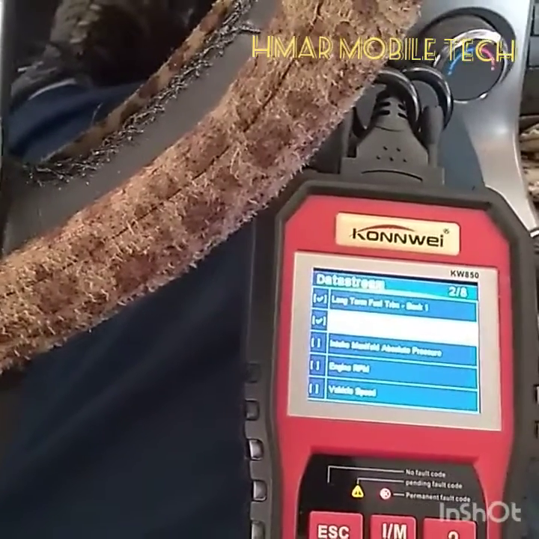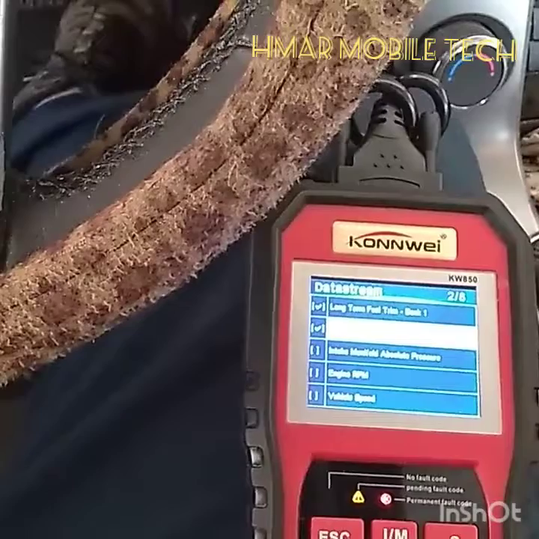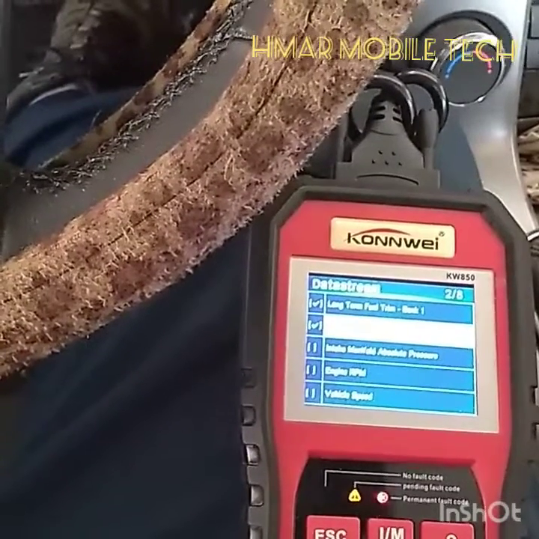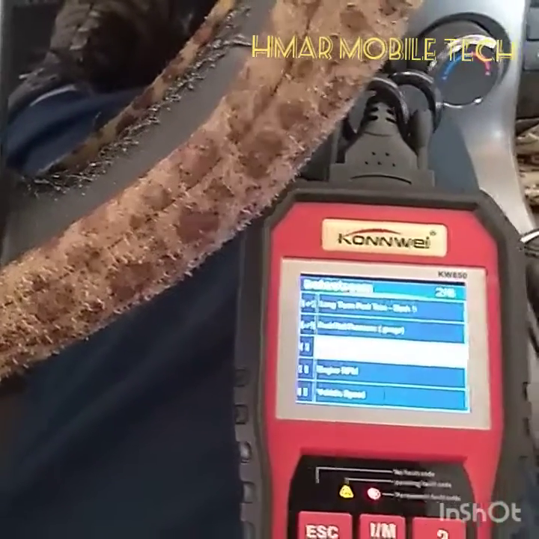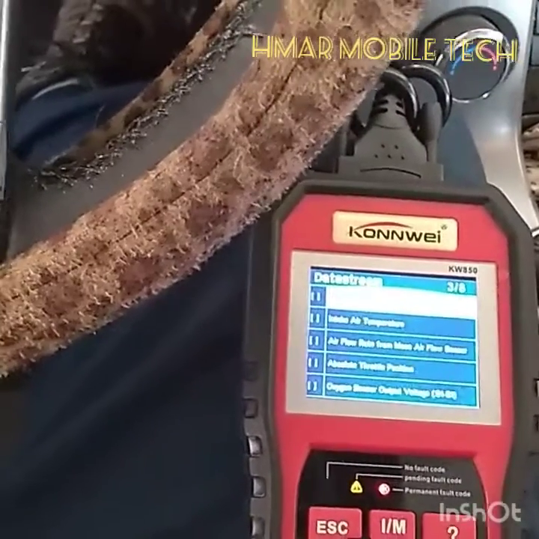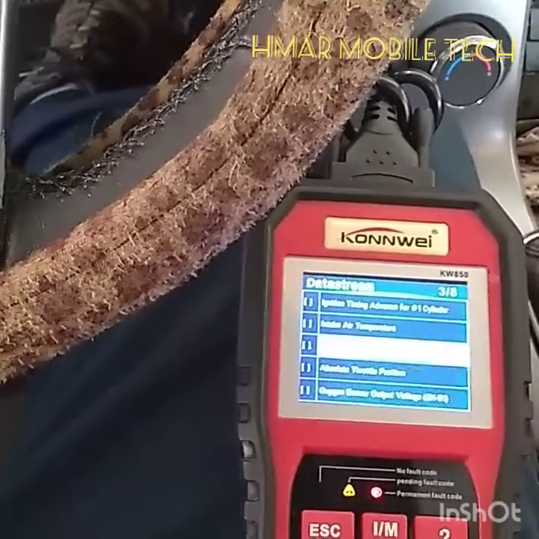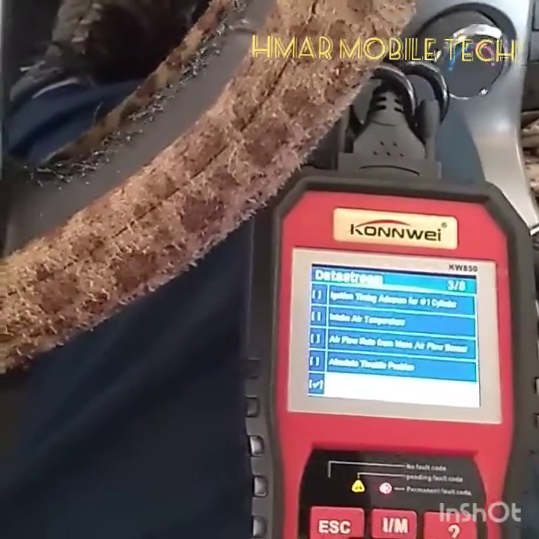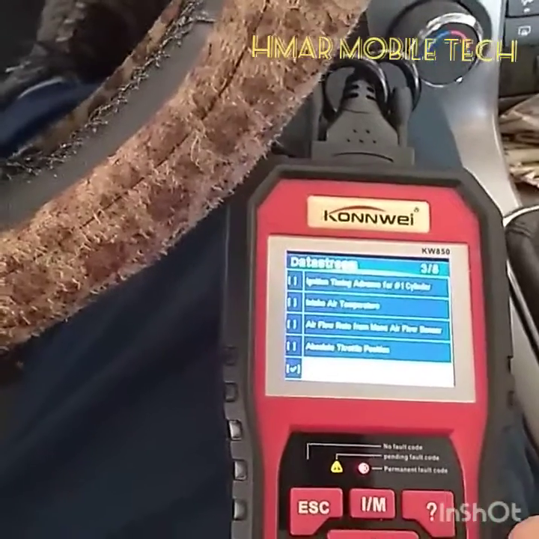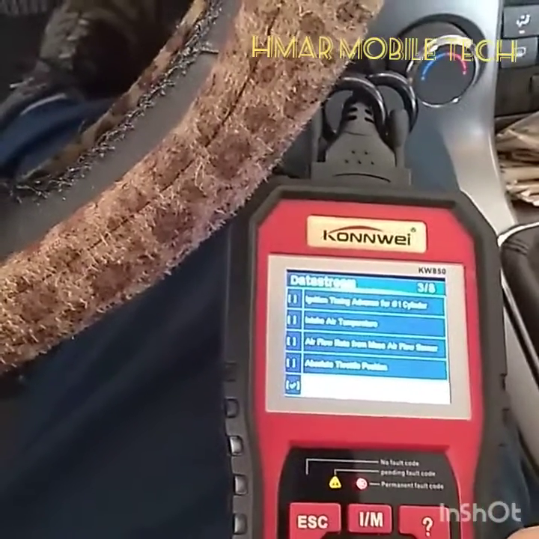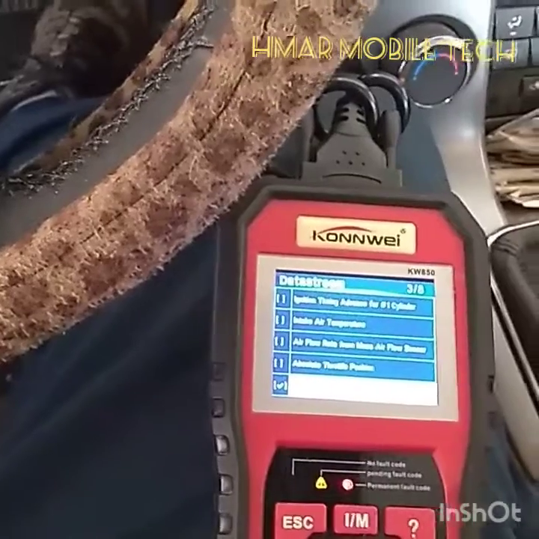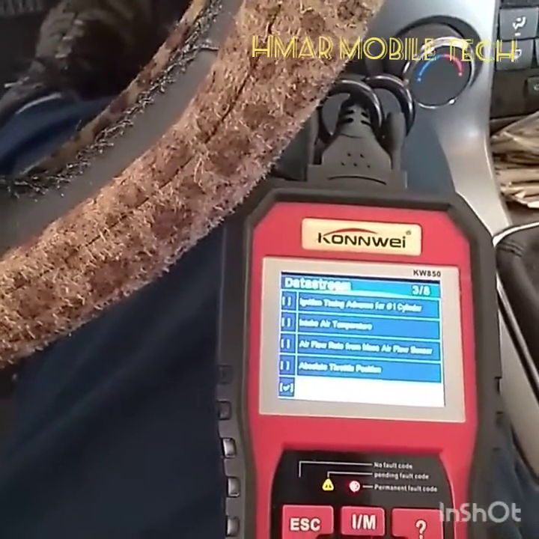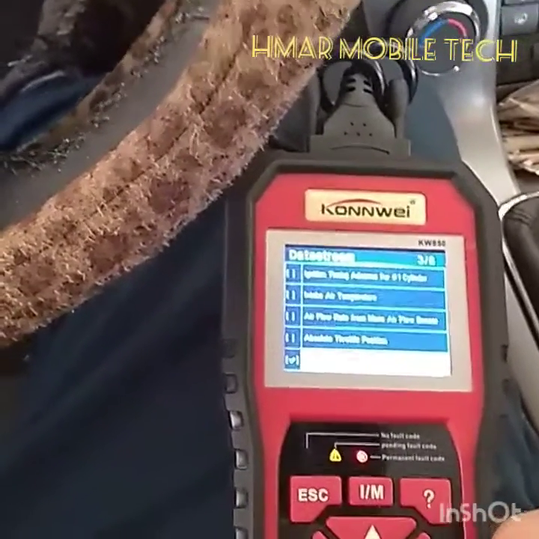We'll do fuel rail pressure too, and then bank 1 sensor 1 oxygen sensor. This is a narrow band, so 0.9 volts or 1 volt is completely rich, and 0.1 or less is lean. So I'm going to be looking at that as well.